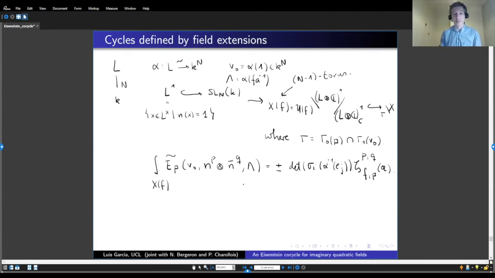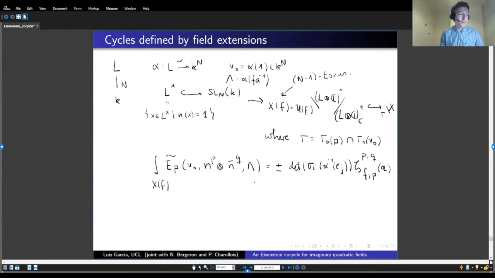Again, it follows easily from the properties of eta, which is the test vector we're using at infinity to construct our Eisenstein series. And now, we have this Eisenstein series. When we integrate it on these cycles X_F, we get the smooth zeta values. When we integrate it on modular symbols, we obtain these polynomials in Kronecker-Eisenstein series.